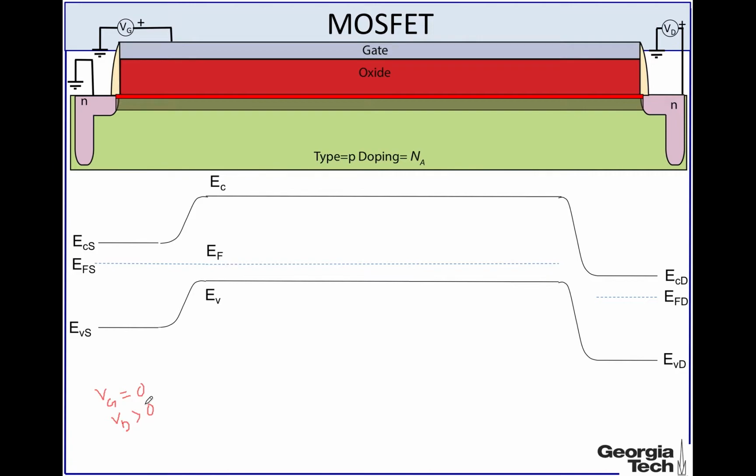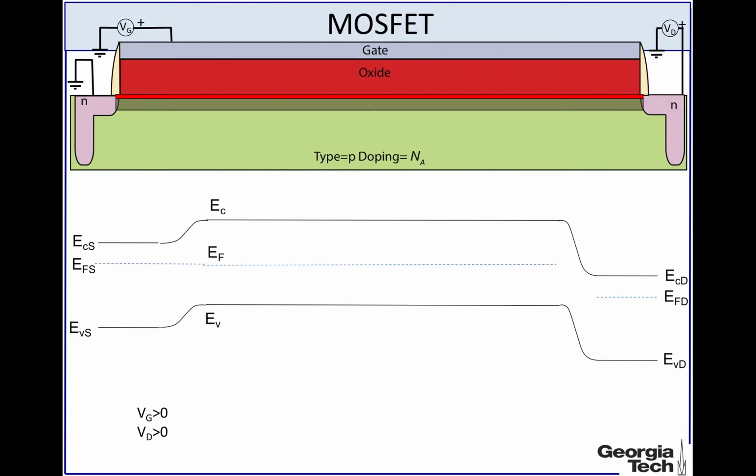Now let's look at what happens when you apply a gate voltage when you have a certain drain voltage already applied at the drain. Again, for comparison, this is the case when you have gate voltage equal to 0 and drain voltage at some certain positive value.